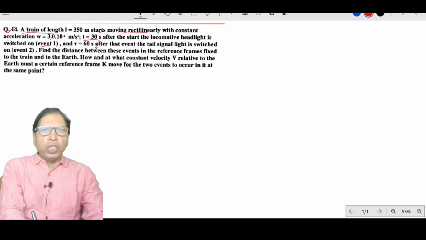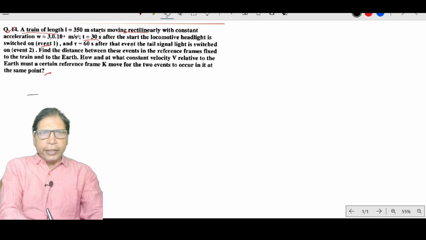And tau equal to 60 seconds after the event, the tail signal light is switched on. Find the distance between these events in the reference frame fixed to the train and to the earth. At what constant velocity v relative to the earth must a certain reference frame K move for the two events to occur at the same point?